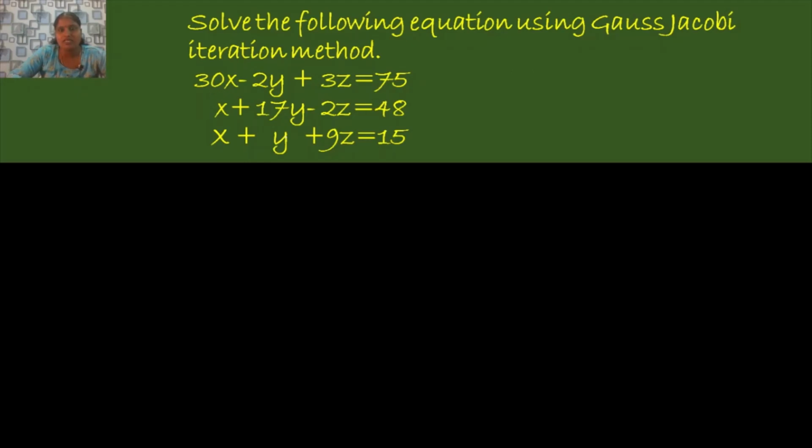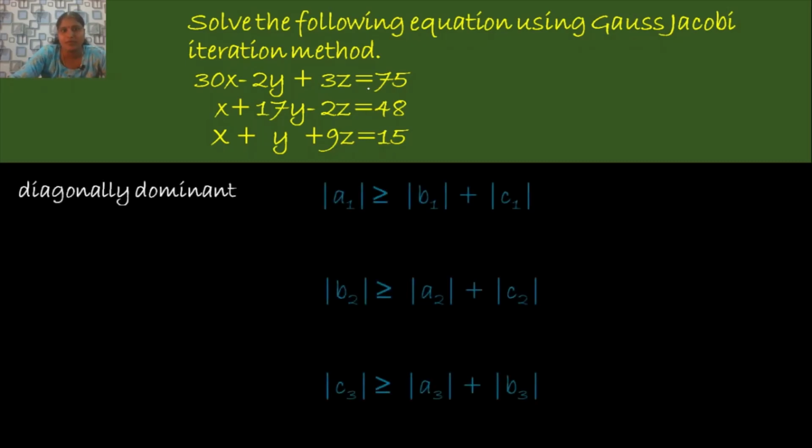Here 3 equations are given with 3 variables x, y, z. Before we move on to solving for x, y, z, let me first check whether the given system of equations satisfies the diagonally dominant property. Look at the diagonal elements 30, 17 and 9.